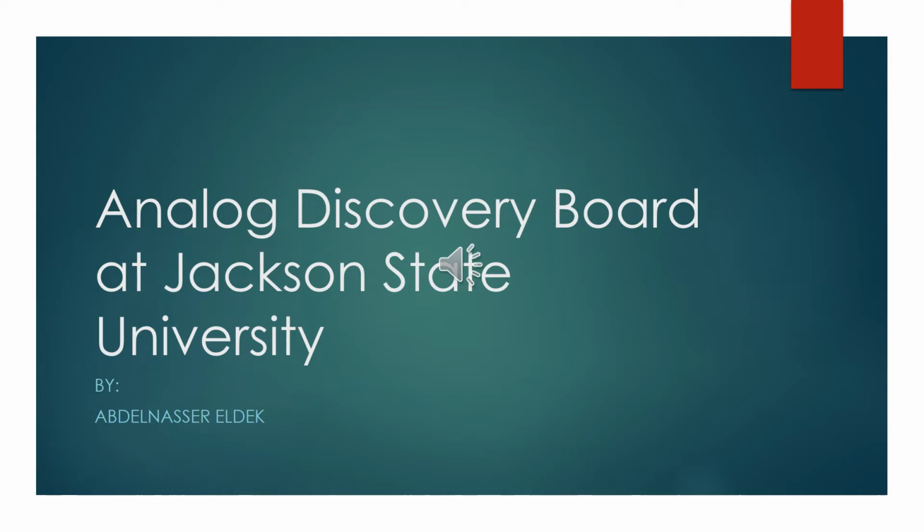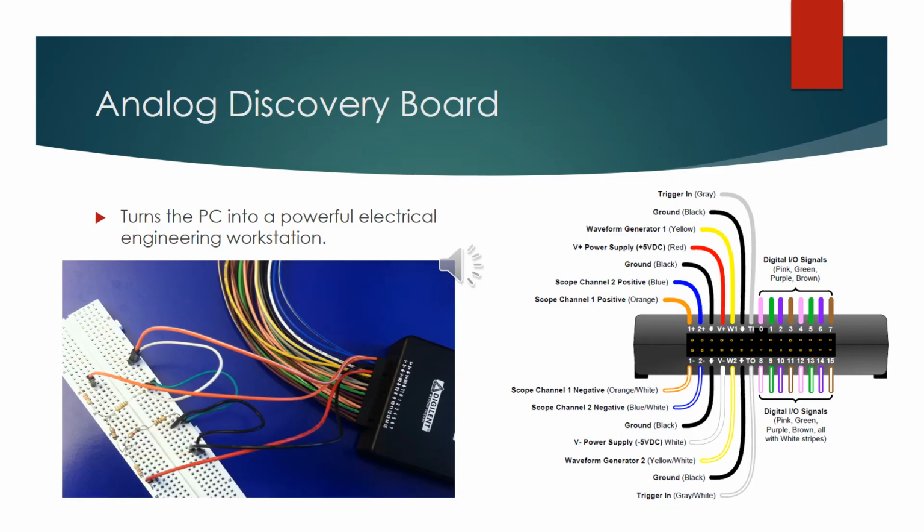Today I will talk about our experience here at Jackson State with the Analog Discovery Board and the Analog Parts Kit. The Analog Discovery Board turns a PC into a powerful electrical engineering workstation. It lets a student measure, visualize, analyze, record, and control mixed signal circuits of all kinds.